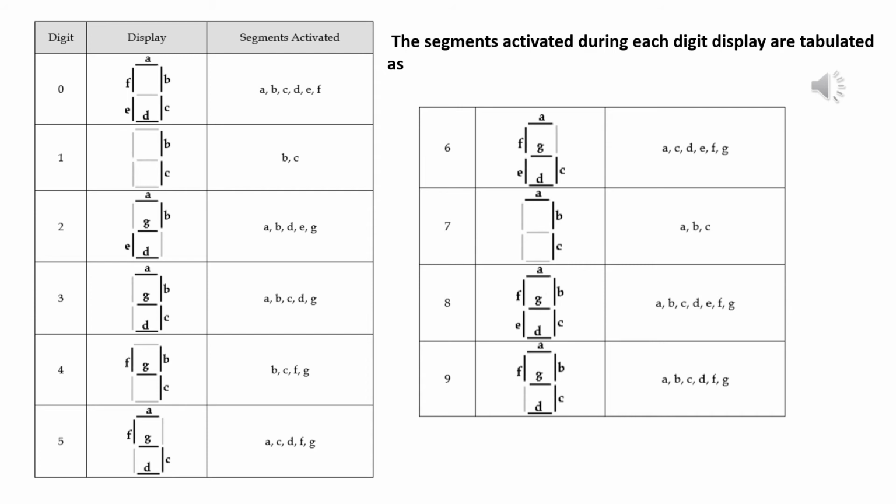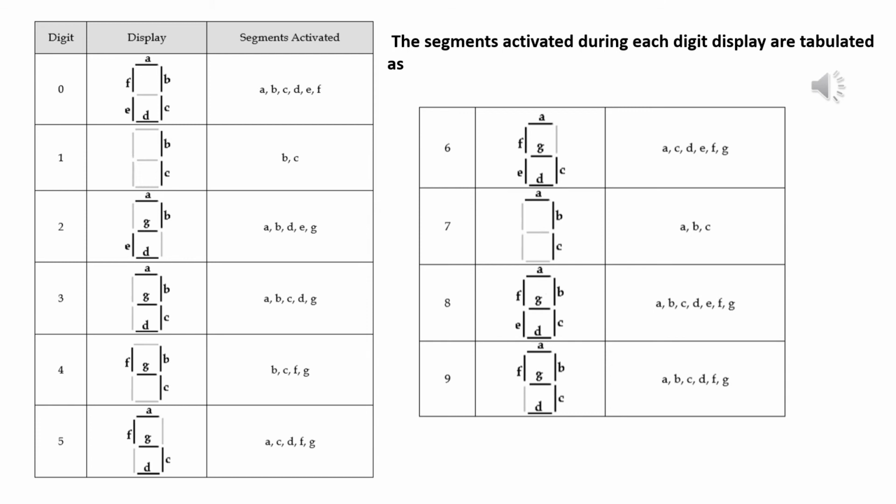7 segment display. Now we are going to tabulate which segments are activated for displaying the digits from 0 to 9. For displaying the digit 0, we have to activate the segments A, B, C, D, E and F. Similarly, for displaying the digit 1, segments B and C should be activated.